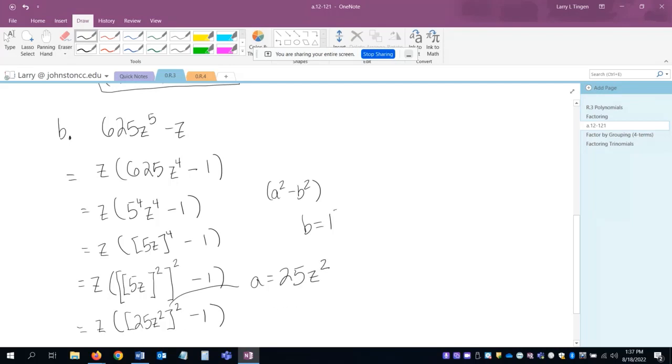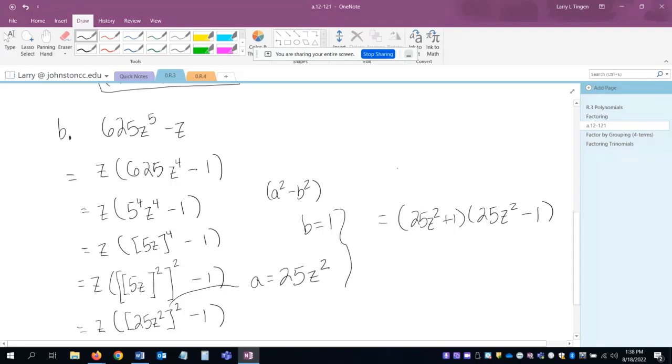So if a is 25z squared and b is 1, and I have the difference of perfect squares, what does this thing break down to? 25z squared plus 1 times 25z squared minus 1. Okay, and then out front, I still have that z.